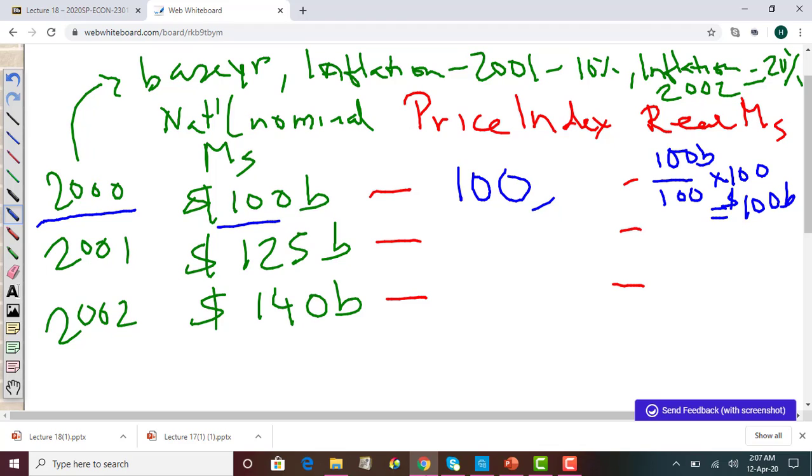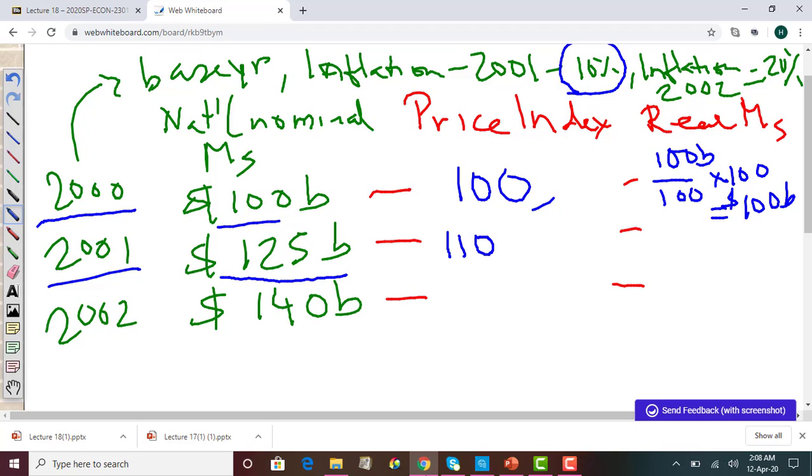In 2001, we know the nominal money supply is 125, and we are given that the inflation rate is 10%. That means the price index will be 100 plus inflation, which is 100 plus 10, so the price index will be 110.